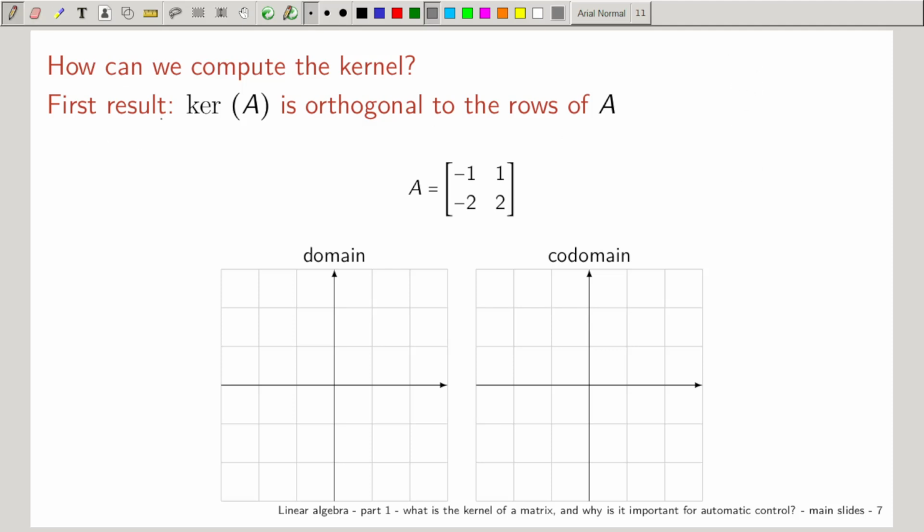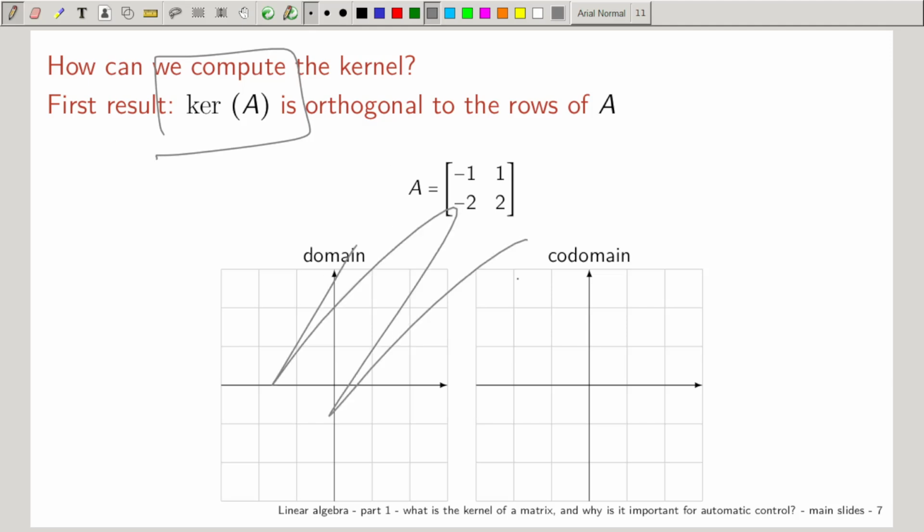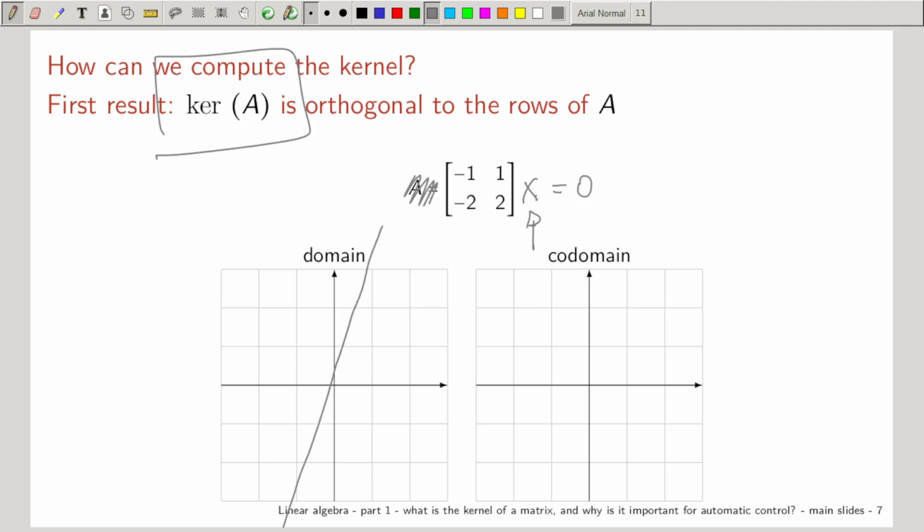How do we compute the kernel? Ignore this drawing here. We need to have Ax equals 0, true? The x's that satisfy this are in the kernel. So the kernel is somewhere here for which the result is 0, that means 0, 0.